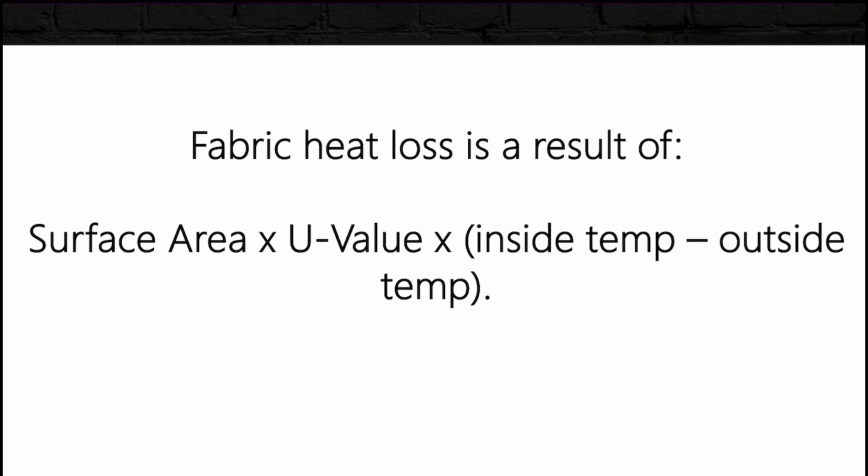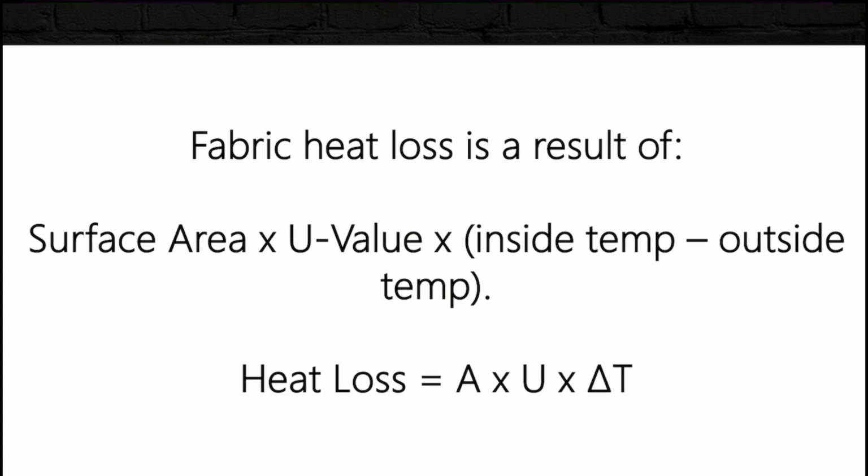Bear in mind, there will always be movement of energy where there is a difference in temperature. Yep, our area in square meters multiplied by our U value multiplied by the temperature differential, the delta T.